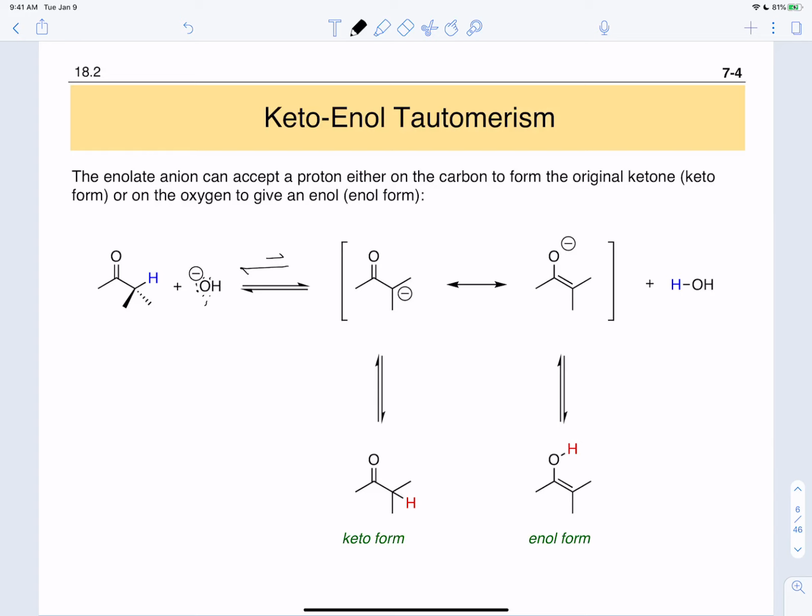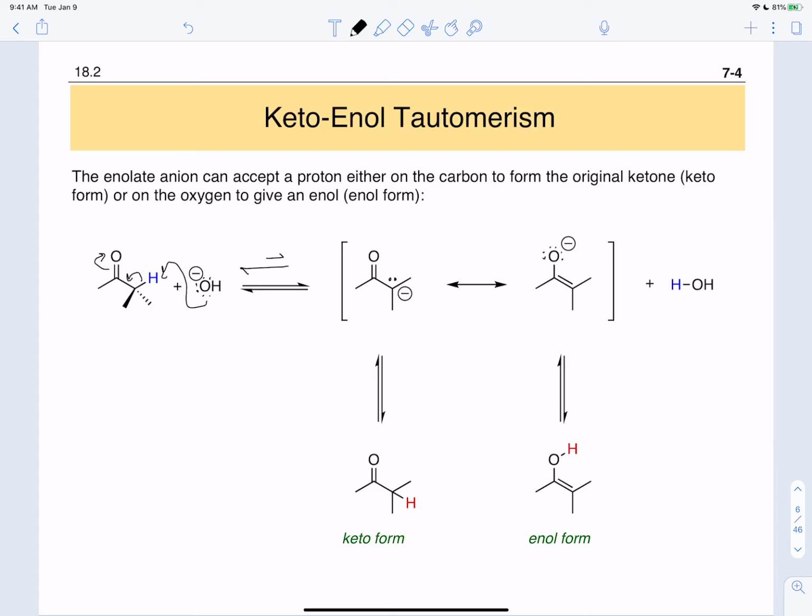But because this is in a reasonable pKa range between the two, we will have an equilibrium where we'll start to make small amounts of these enolates, where the negative charge is on the carbon, or you can draw the negative charge on the oxygen. So along the way, you see there's actually two different reactive forms of the enolate.